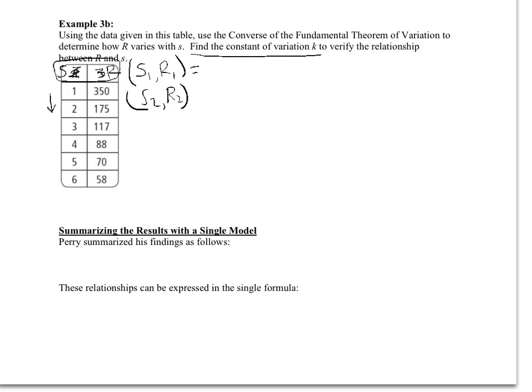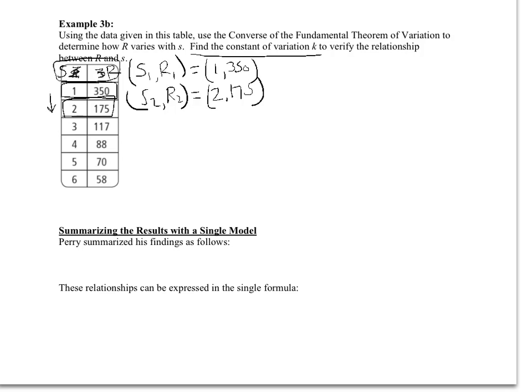We'll do 1 and 350, just to make it easy. So when s is 1, r is 350, and we'll do 2 and 175, because we want our s value, s2, to be double s1. That's why we pick s2 to be 2.